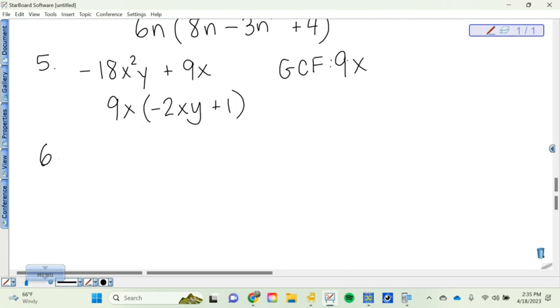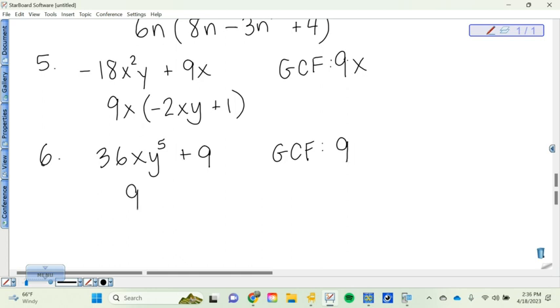Number 6. 36x y to the 5th plus 9. What's my greatest common factor? Yep.